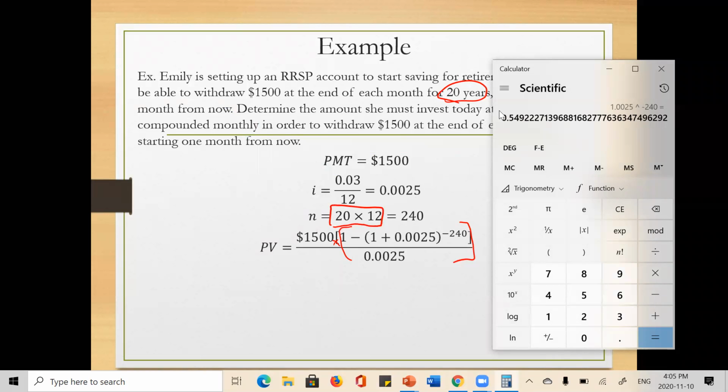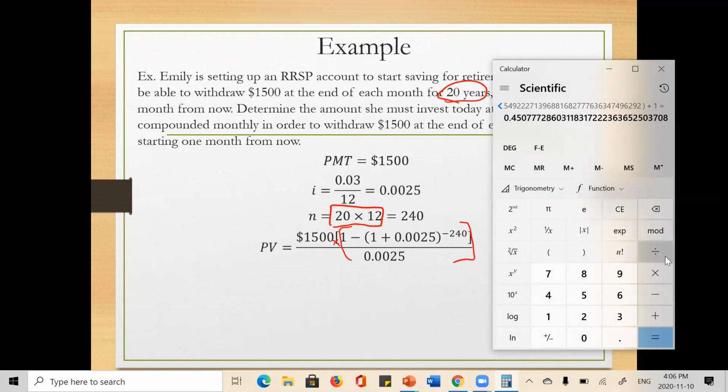You can try to memorize this number, but I find it easier: subtracting a positive number is the same as adding a negative number. So instead of taking 1 minus this whole number, I just put a negative in front, which automatically makes that number negative, and then I simply add 1 to it.